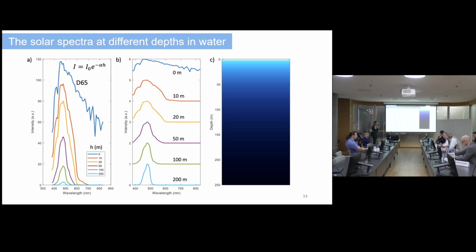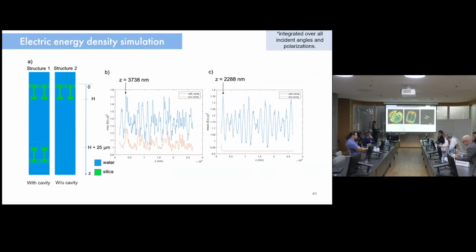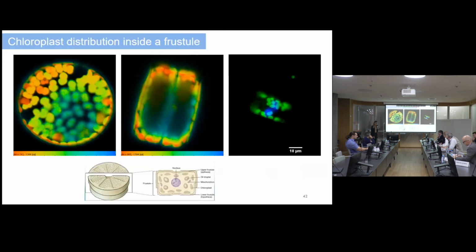So the next question: in slide 42, you mentioned chloroplast migration. What's the mechanism for the migration of chloroplast? Actually, there is still a mystery behind that question.